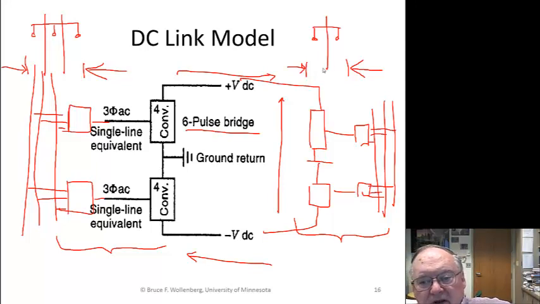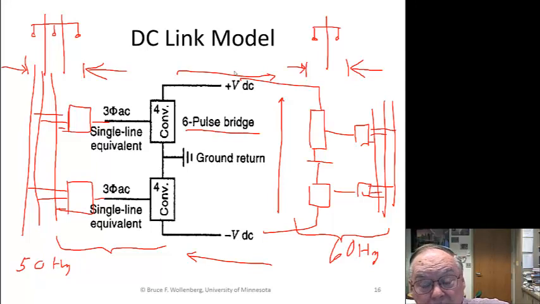There are other advantages to doing things with DC transmission. There's some parts of the world I could have this at 50 hertz, and I could have this at 60 hertz. So it's a way of connecting a 50 hertz and a 60 hertz system to each other through a DC transmission line.